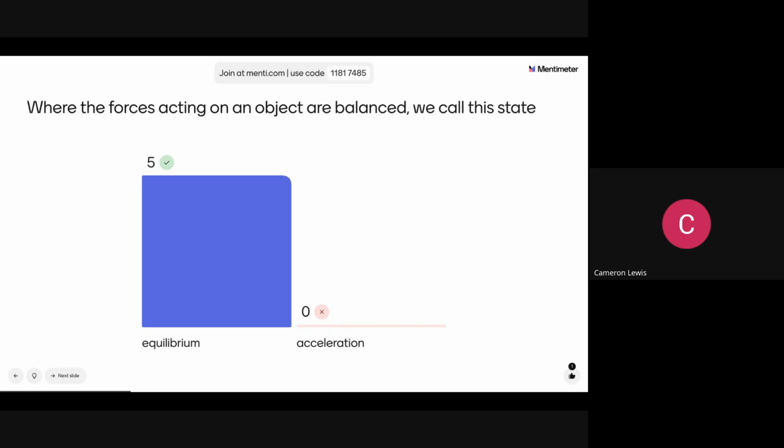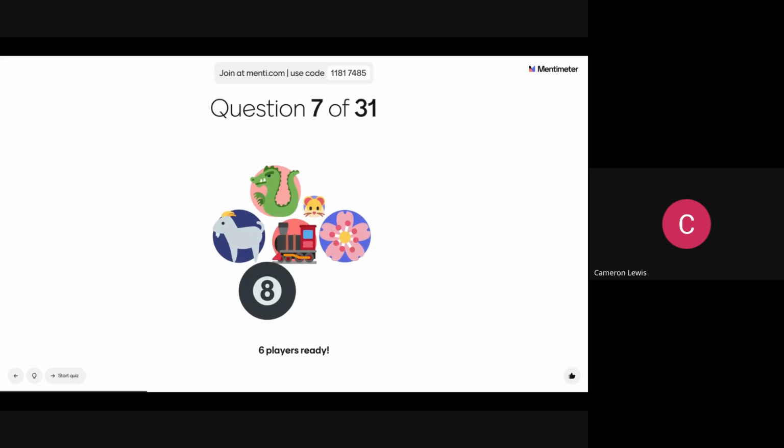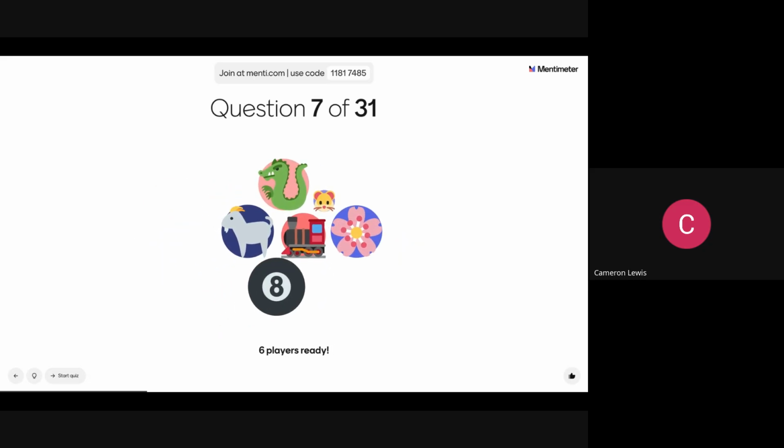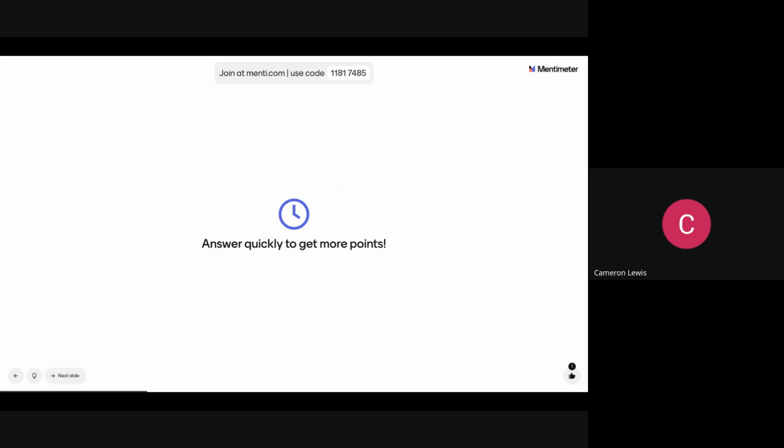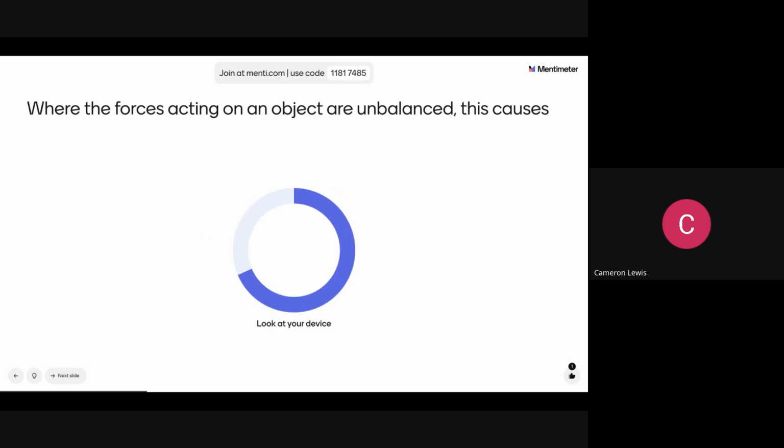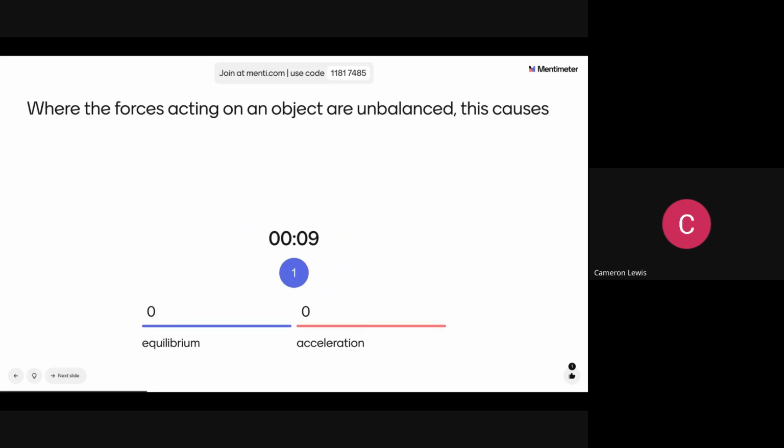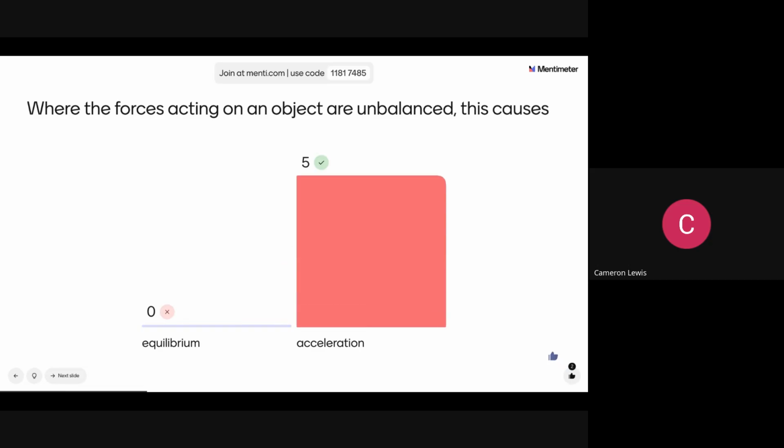Equilibrium, good job. When the forces acting on an object are unbalanced, this causes equilibrium or acceleration? Causes acceleration, good.